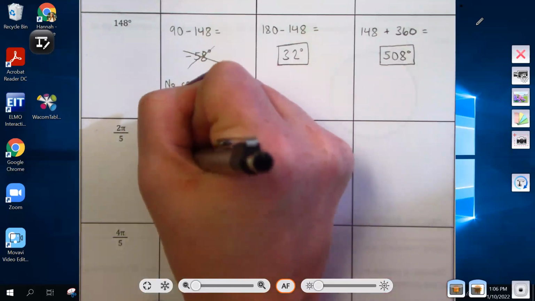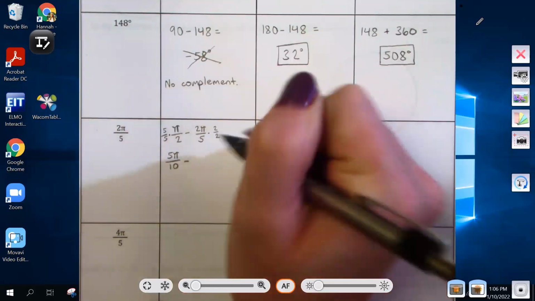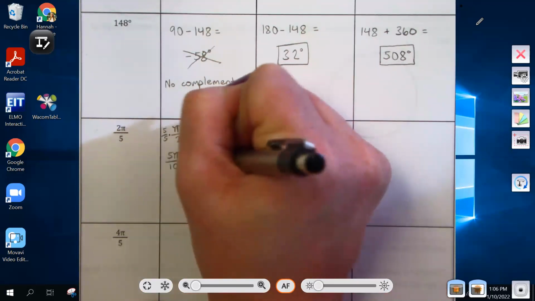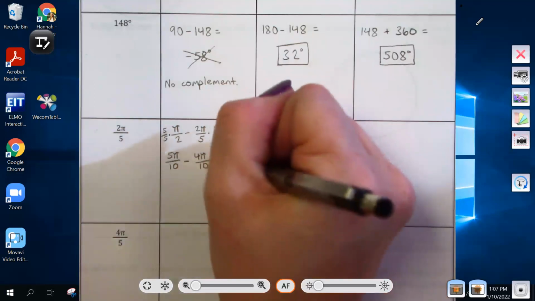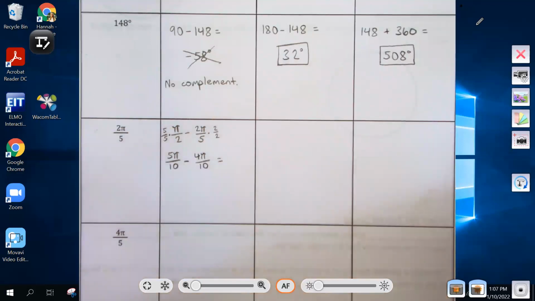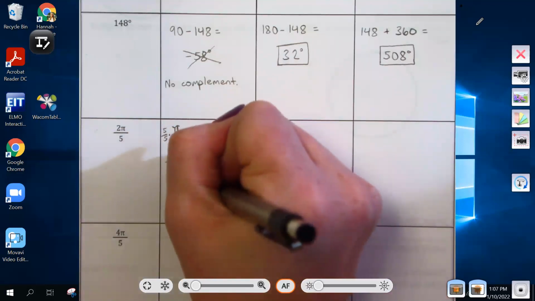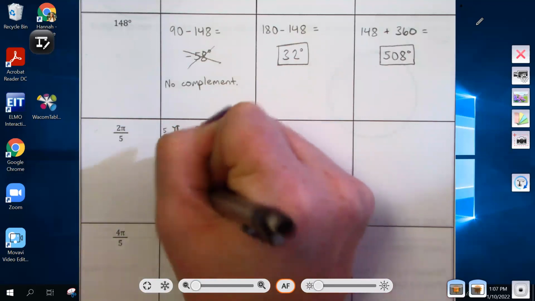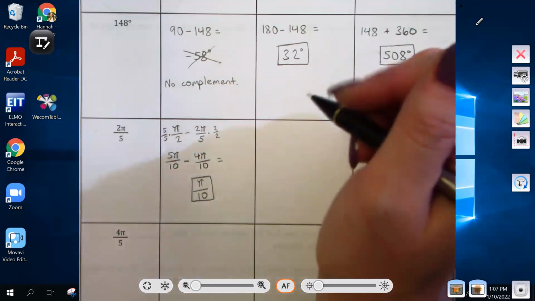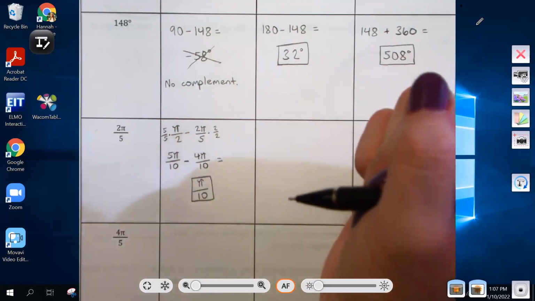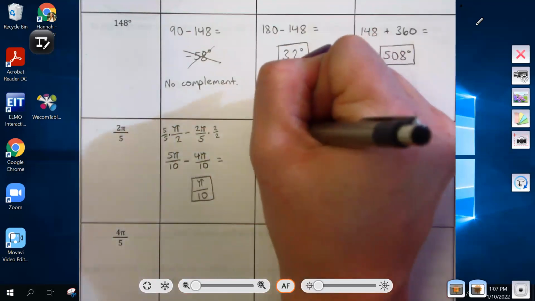We've got 5 pi over 10 minus 4 pi over 10. Five minus 4 is 1. Pi over 10. Yep. We want to find the supplement. So we need to start with 180 degrees as a radian, just pi.